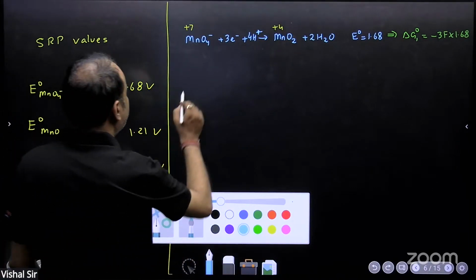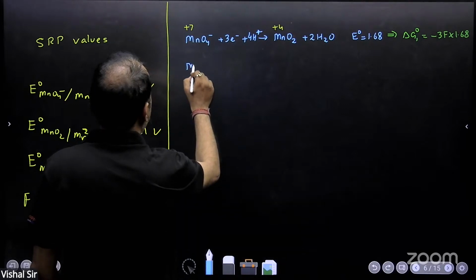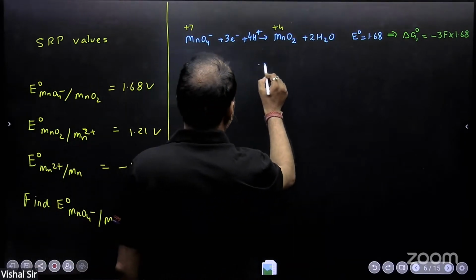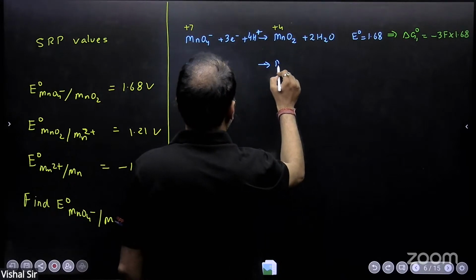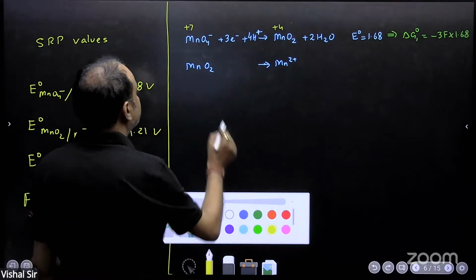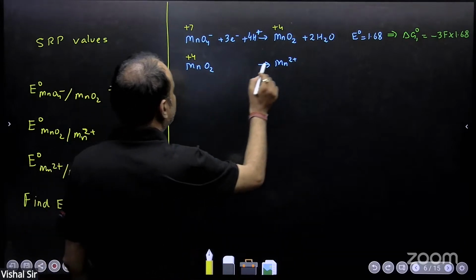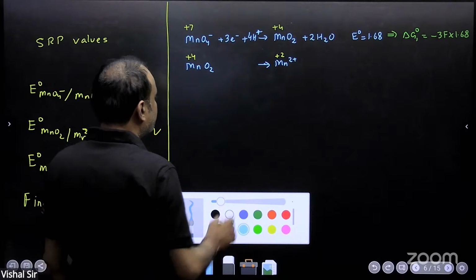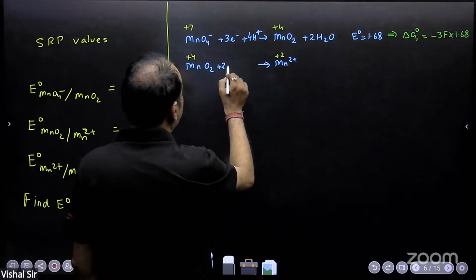What is the second reaction? MnO2 we are making Mn2 plus. Oxidation states involved now are +4 and +2. Reduction of 2, so 2 electrons.